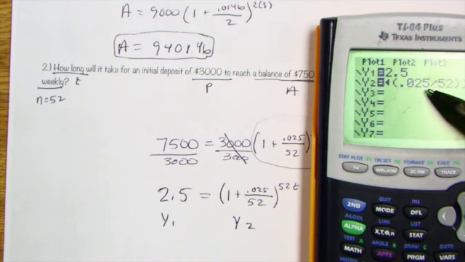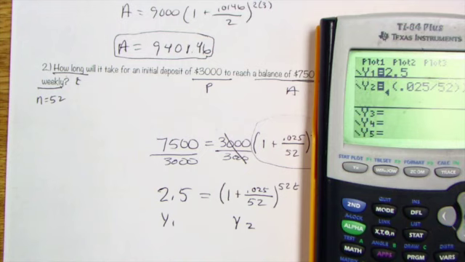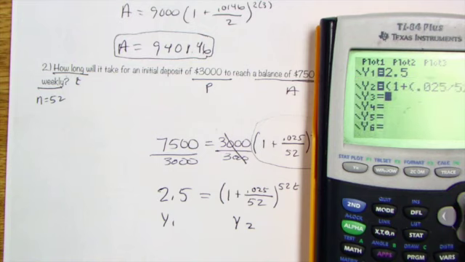If you have a newer calculator, you can just use your alpha y equals to put the fraction in there. And then I do that to the 52x power. So that's what it looks like.